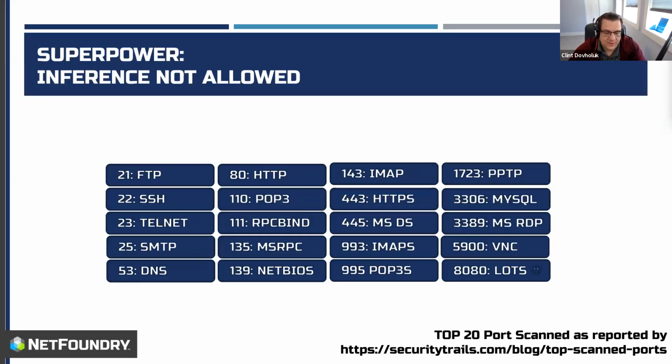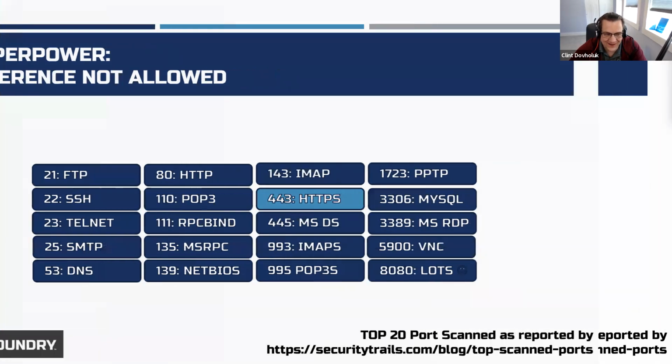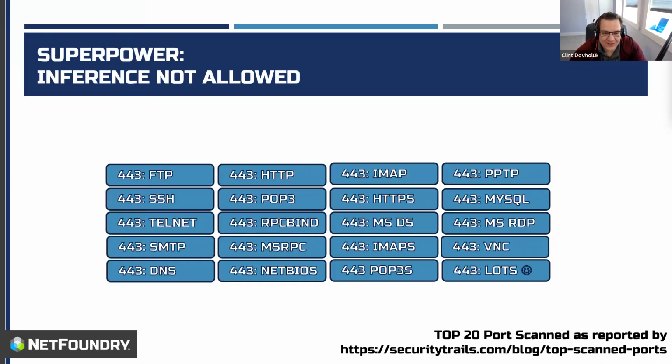Port inference. If you simply take a port sniffer and bring it to any network, you're going to find lots of information about that network. You're going to find what's attackable. You're going to find targets of opportunity, where people are sending their data to. Well, with an OpenZiti network, HTTPS is clearly an important port, right? And with an OpenZiti network, we actually synthesize all of those ports, all of those protocols into the same port.